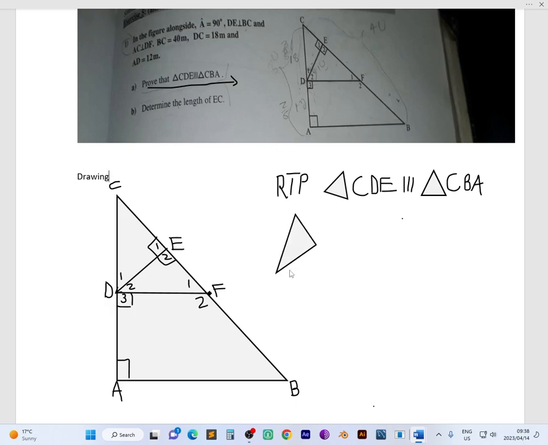So now we draw this triangle, the CDE, which is the sub triangle, and then we take the main triangle, which is ABC, in this case CBA.